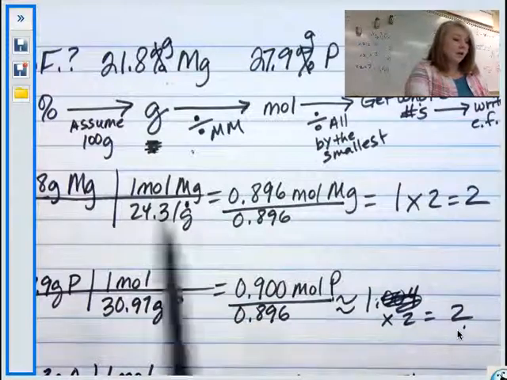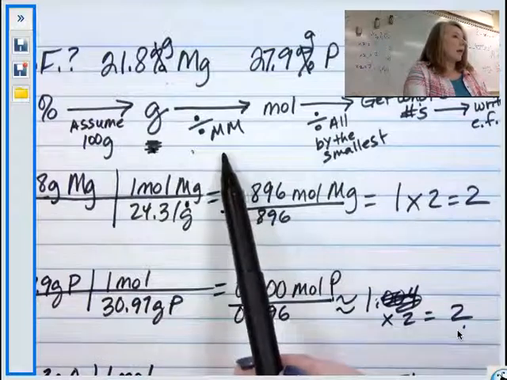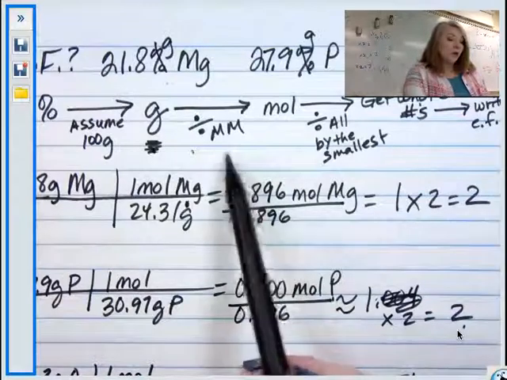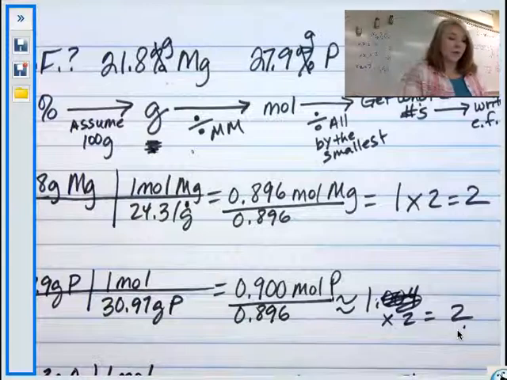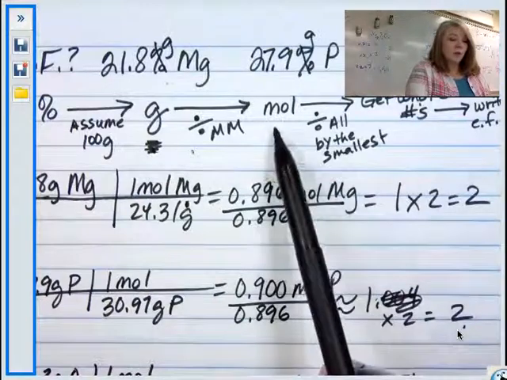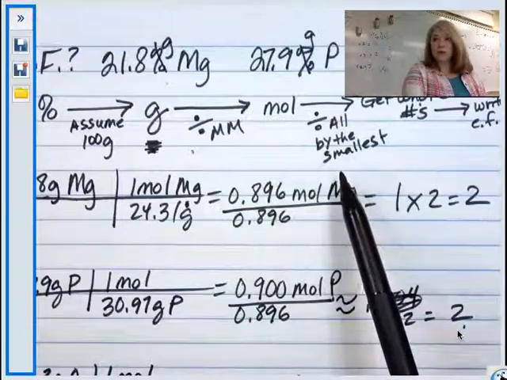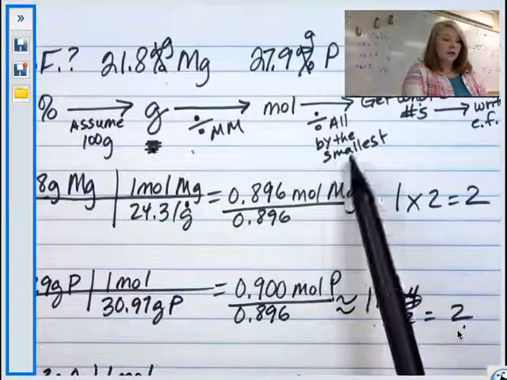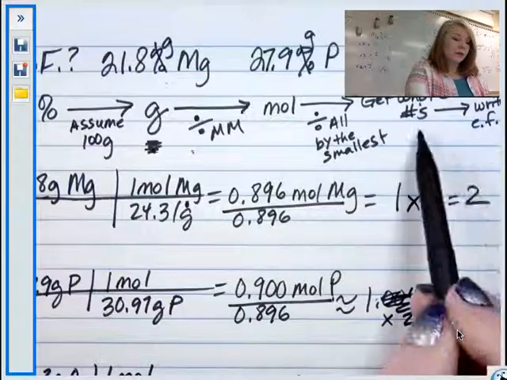From grams, you're going to go directly to moles by dividing by the molar mass of that element. And hopefully these are easier than the problems we worked with stoichiometry because we're only dealing with one element, not a whole huge compound where you're having to add up the molar mass. Once you get things into moles, you're going to divide everything by the smallest of your moles, and that's going to allow you to get whole numbers. Now, there was one segue step.